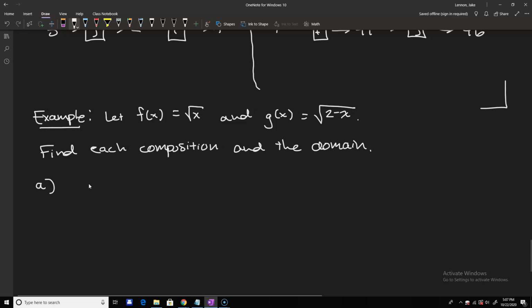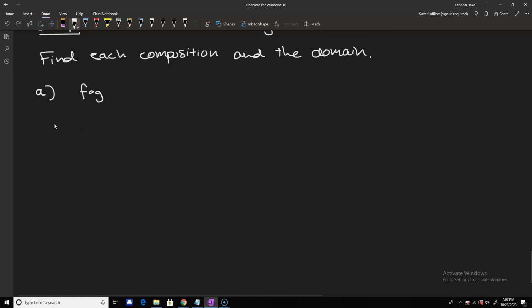So let's say we have f of g. Okay, so for this one, we have f of g of x. So this is g plugged into f, which should be f of the square root of 2 minus x.